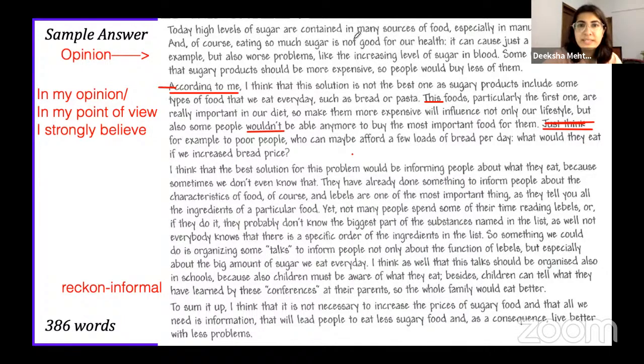Okay, what about this sentence here? It says learned by these conferences. What should it be? Learned by these conferences? And what about less problems? What is wrong here? Why is less problems wrong?